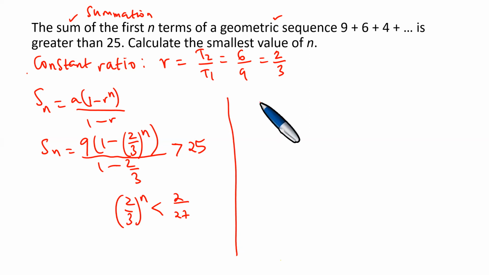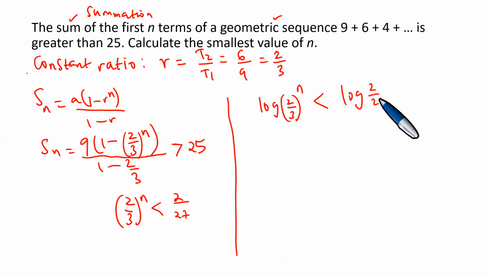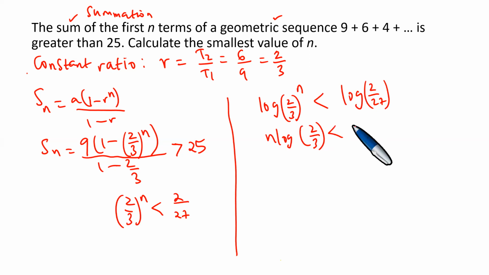So it becomes the log of 2 over 3 to the power n, and then the log of 2 out of 27, which means n times the log of 2 out of 3, the log of 2 out of 27.